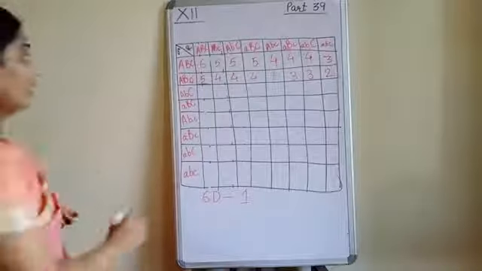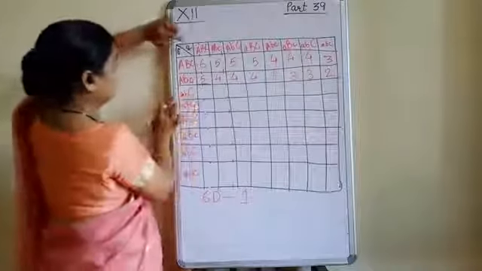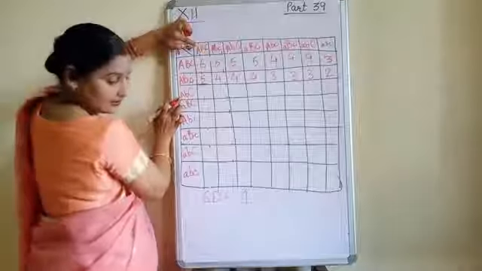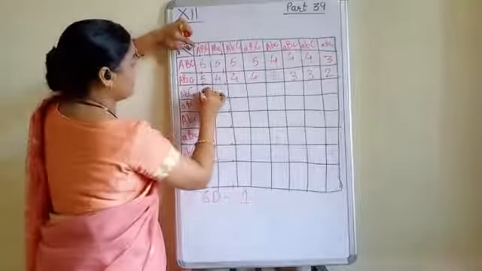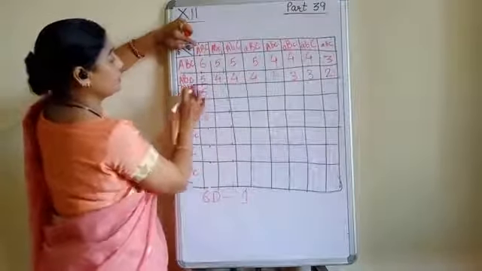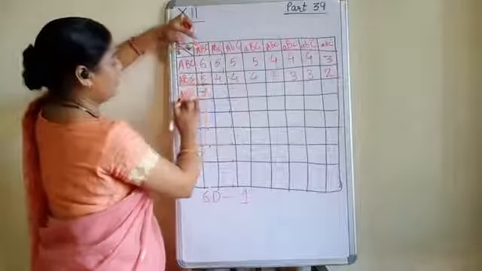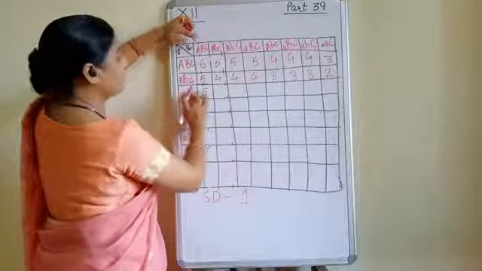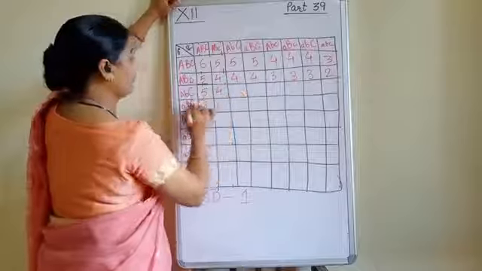Okay. Now come to third cross. This with this. Once again I will get 5 because here I will get 2 and here it is already 3.